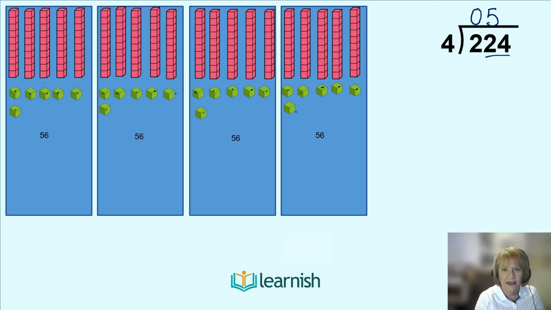Each group of 4 has 6. So 224 divided by 4 is 56. There are 10, 20, 30, 40, 50, and 1, 2, 3, 4, 5, 6 units in each group of 4, or 56. 224 divided by 4 is 56.